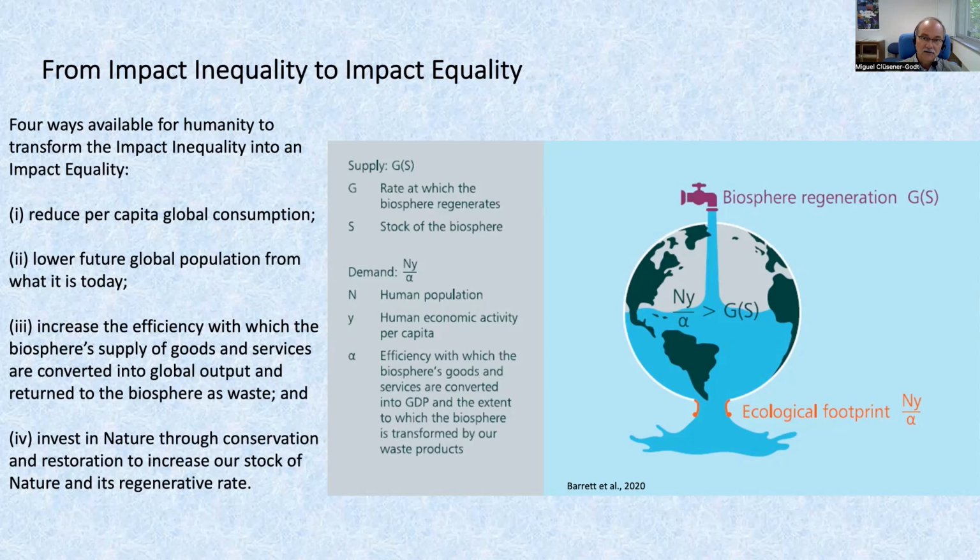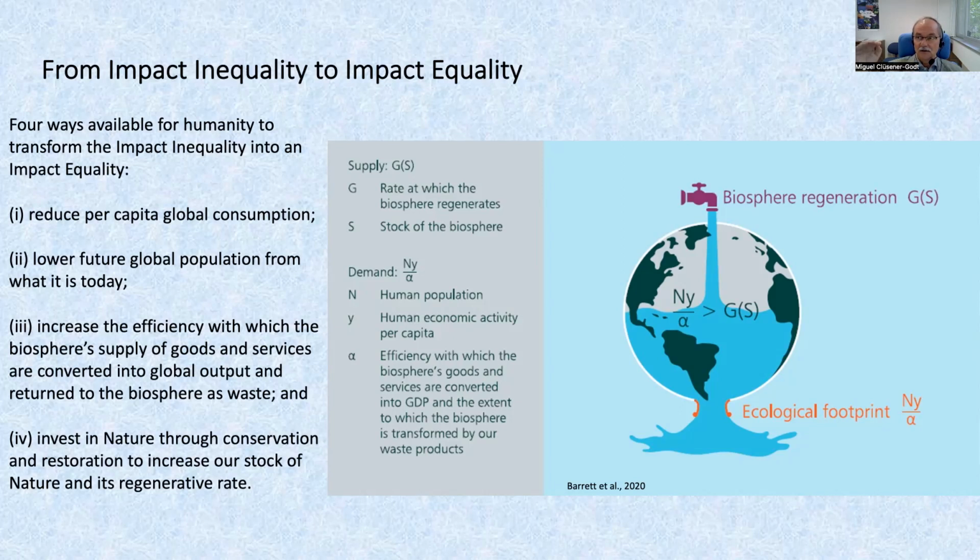So the rate at which the biosphere regenerates and the stock that is in the biosphere, compared to human population and the human economic activity per capita. And then, of course, the efficiency with which the biosphere goods and services are converted into GDP, and the extent to which the biosphere is transformed by our waste products, gives this equation.